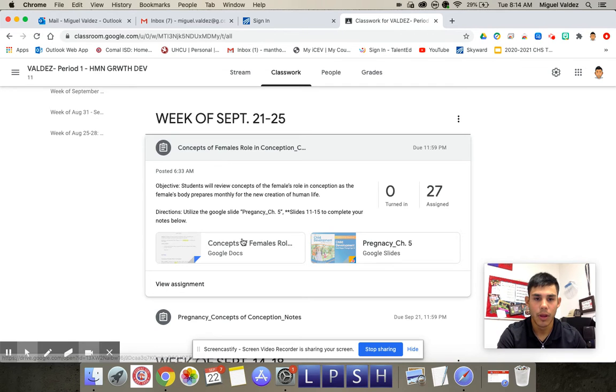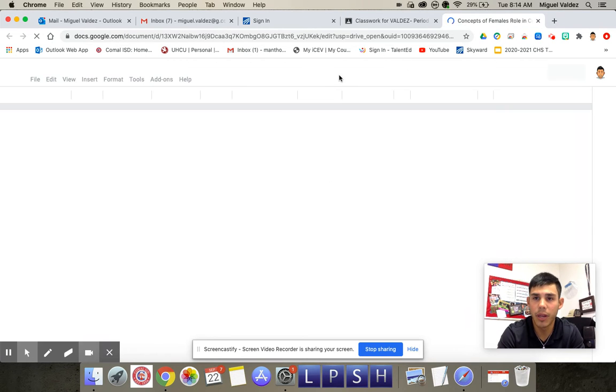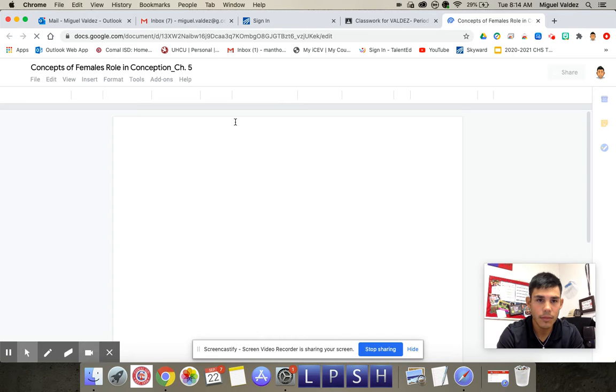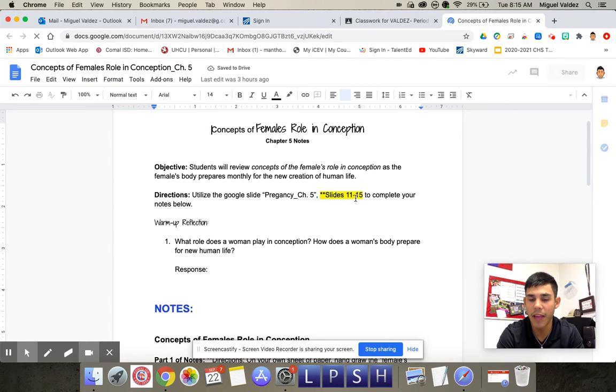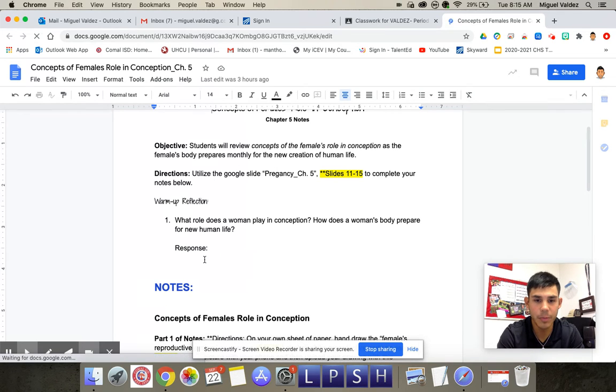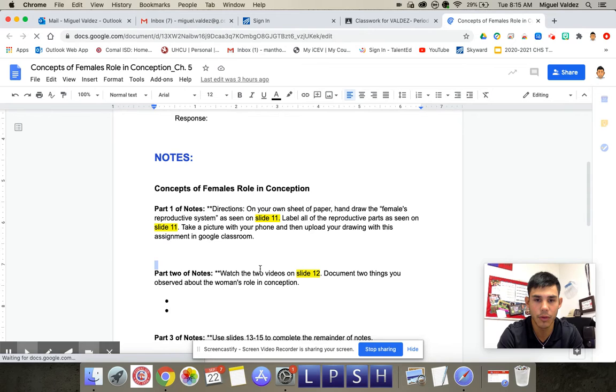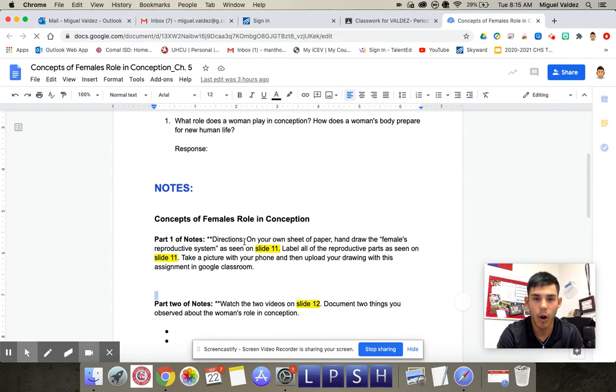I made you a copy of the notes with the objective and the directions. You're going to go through slides 11 through 15. Part 1 of the notes: on your own sheet of paper, you're going to hand draw the female's reproductive system and label all of the reproductive parts.